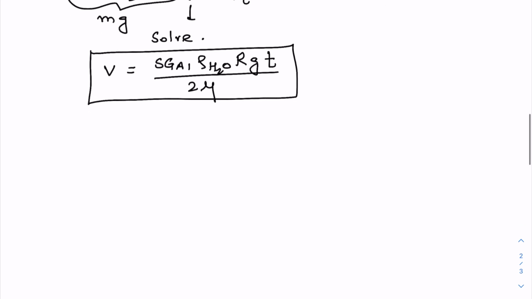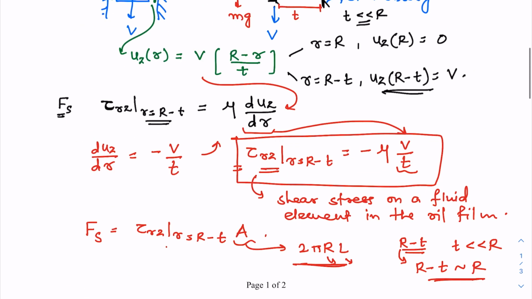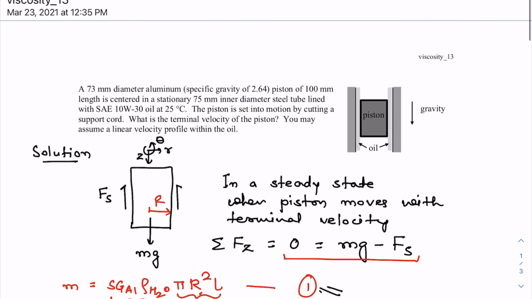But again, we are given all these properties. The specific gravity for aluminum is 2.64. We know rho water is 1000 kg per meter cube. R is given, so the diameter of the aluminum piston is given, which is 73 mm.